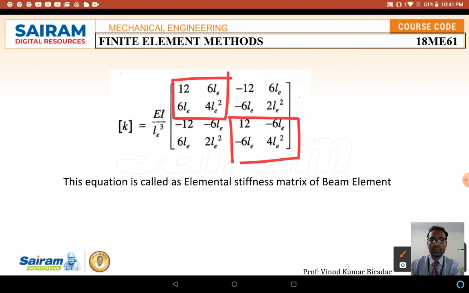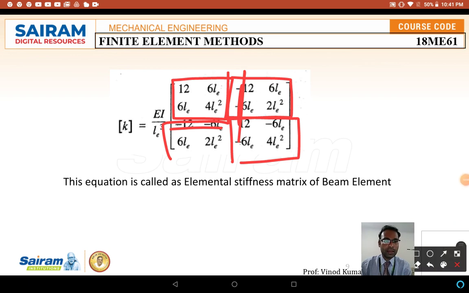Then take these values, minus 12, 6LE, minus 6LE, 2LE square, and write them on the opposite side, horizontally, with minus, minus, so this is positive. Here the values are vertical, and this is horizontal. Like this you have to remember the element stiffness matrix for the beam element.